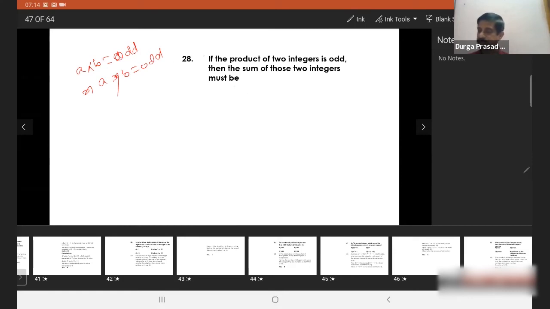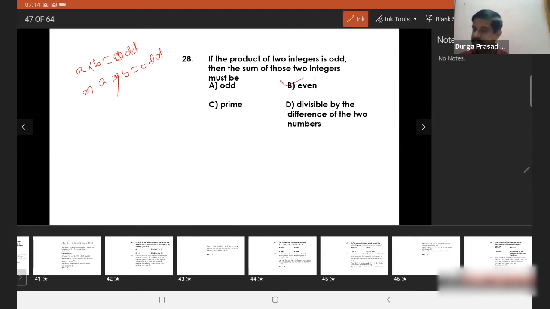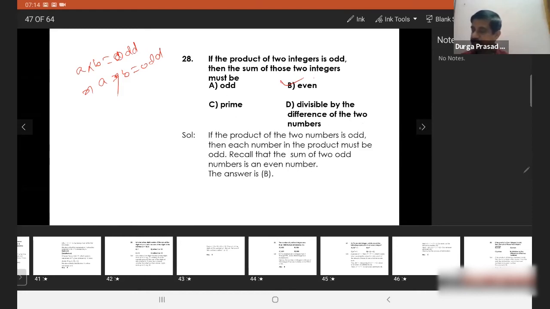A comma B, both are odd. And the sum of those two integers must be what? So odd plus odd is even, must be even compulsorily. And this being divisible by the difference of the two numbers, not necessarily. So only one option should be right. So option is B. Please check it quick. Note it.